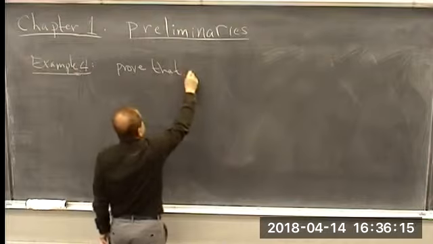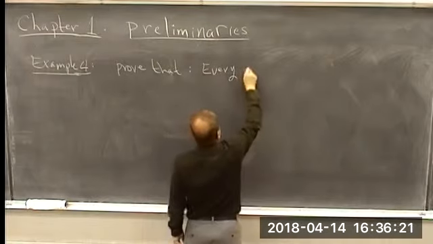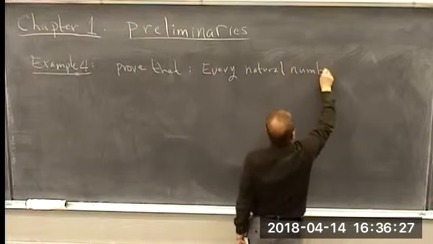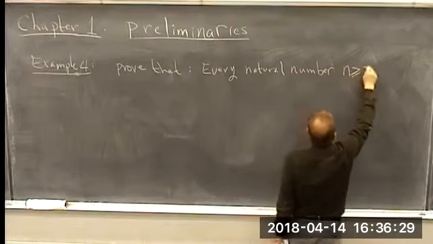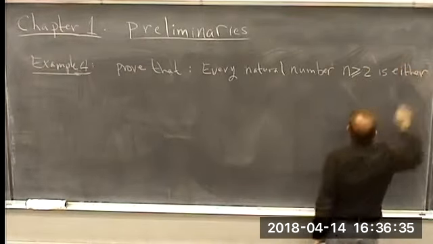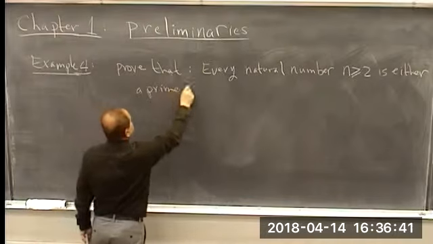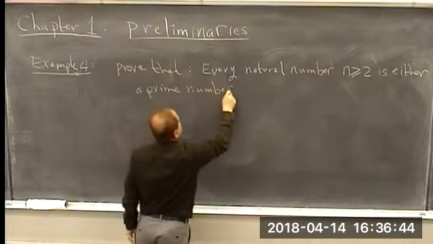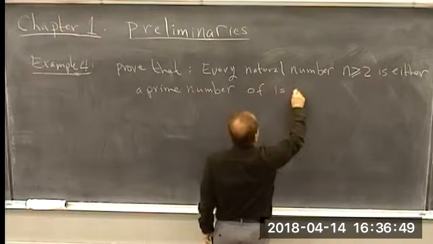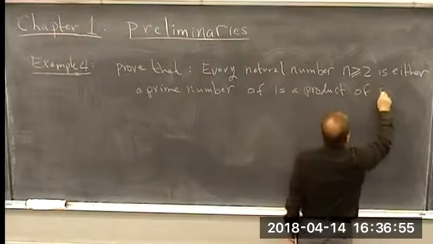Prove that every natural number n bigger than or equal to 2 is either a prime number or is a product of primes.